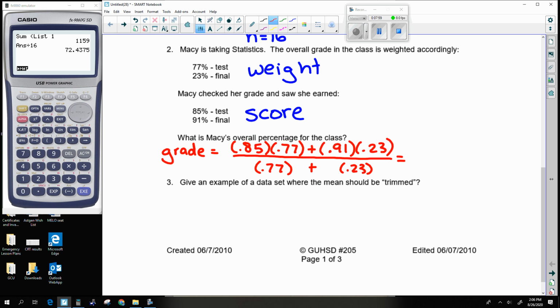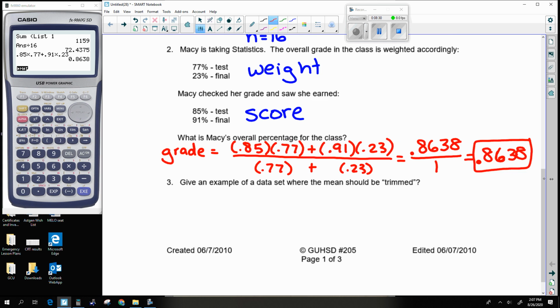So my complete top answer is going to be 85 with 77 and then 91 with 23. The denominator is 1. So she has an 86% complete in class.